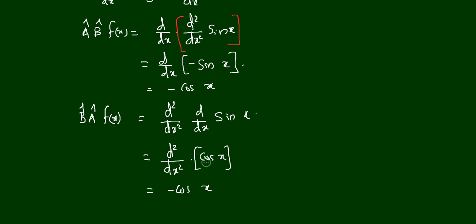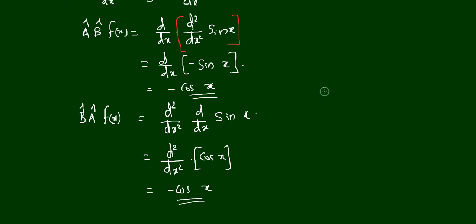The first derivative of cos x is minus sin x, and then we take one more derivative of minus sin x, which is equal to minus cos x. So in this case also the result is minus cos x, and here also the result is minus cos x. So in both cases we have the same result.